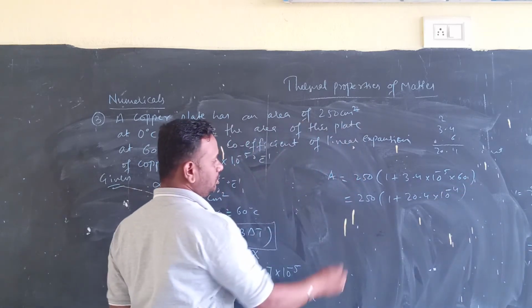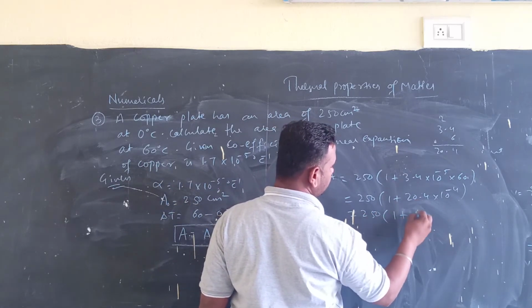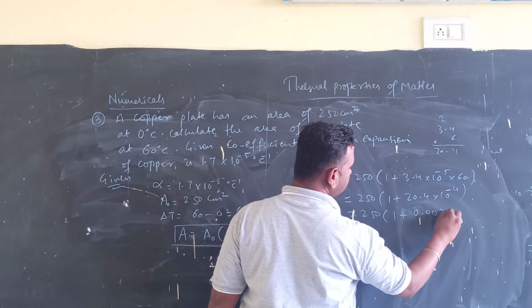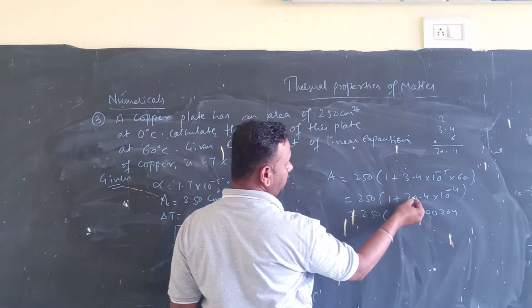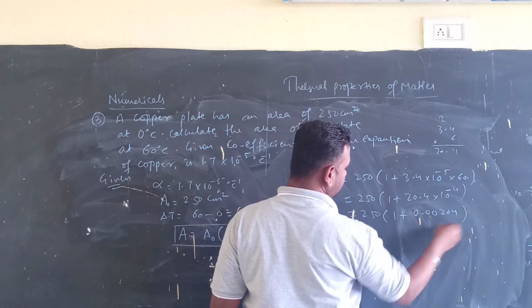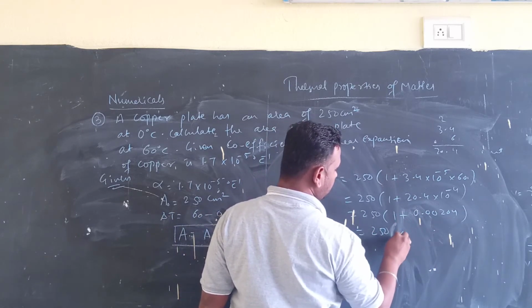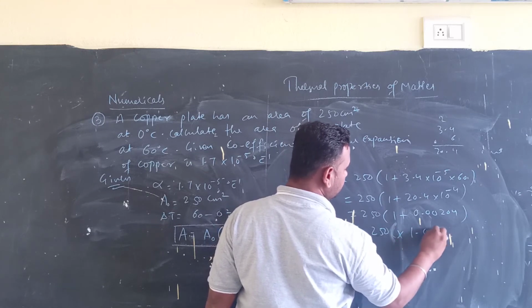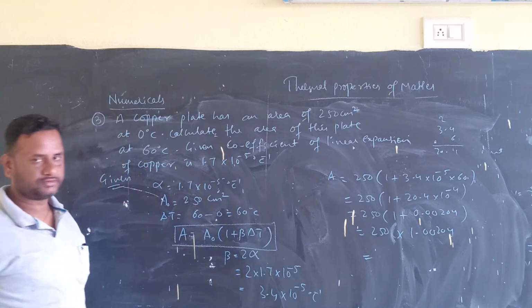Okay, now we can also write this as 250 into 1 plus 0.00204. First shift this decimal point, it becomes 250 into 1 plus 0.0204. So you can multiply that.